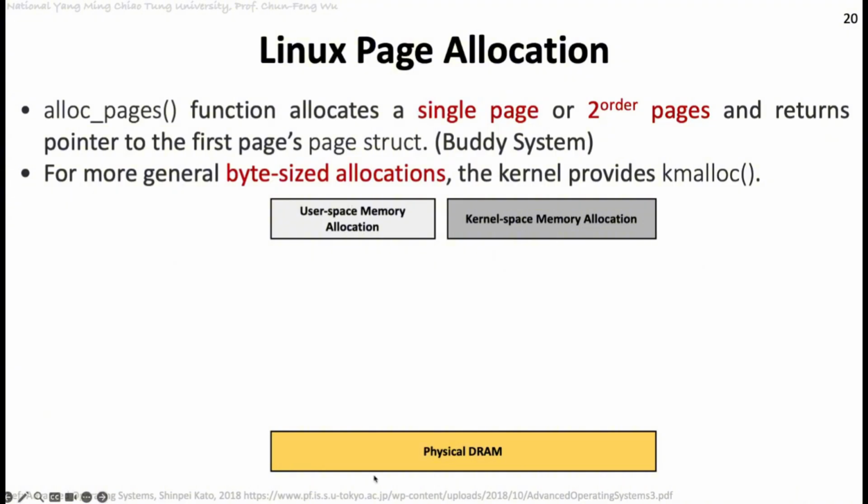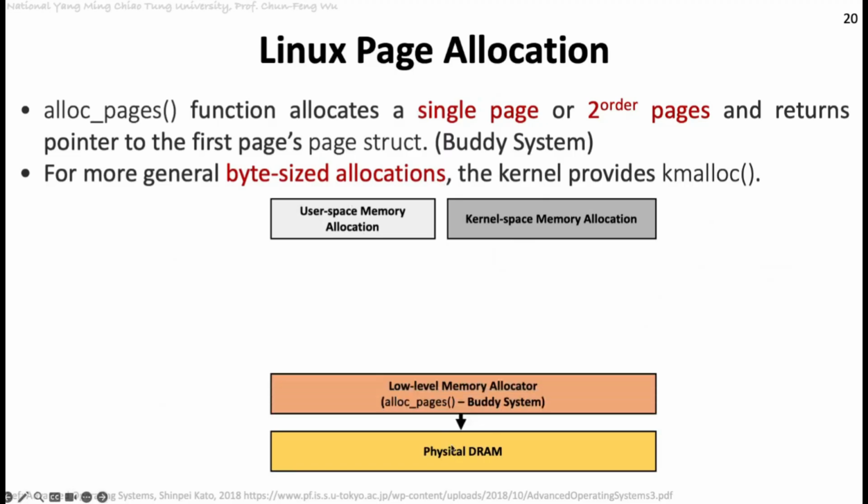Okay, and there is the physical DRAM here. Usually there is an alloc_pages layer here, and this layer uses the buddy system. People will say this is a low-level memory allocator. So we can get a single page or multiple pages at this layer.